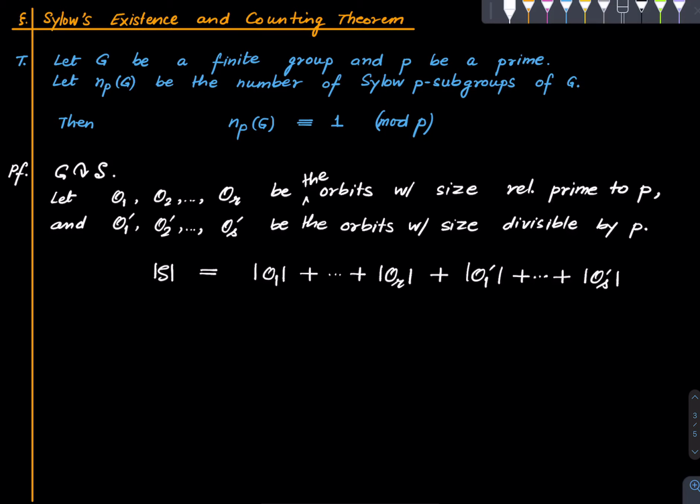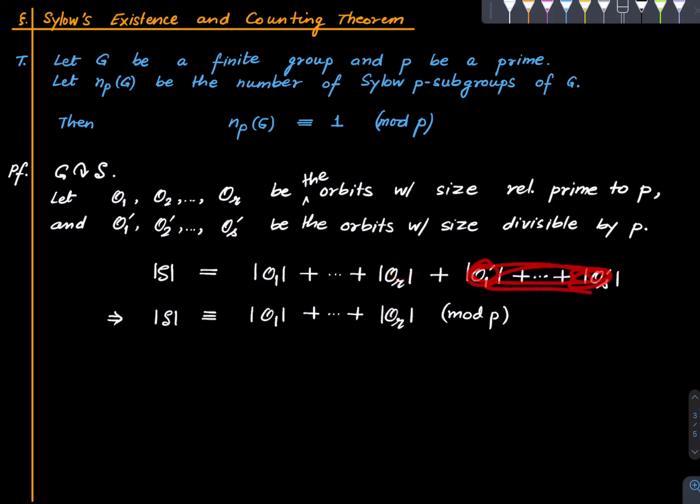So now we pass modulo p. This implies script S is congruent to this modulo p, because all of this is divisible by p, so that goes away when we go modulo p. But what is script S? Script S is p to the a m choose p to the a.